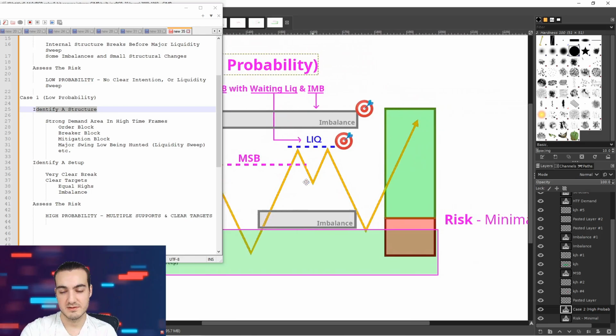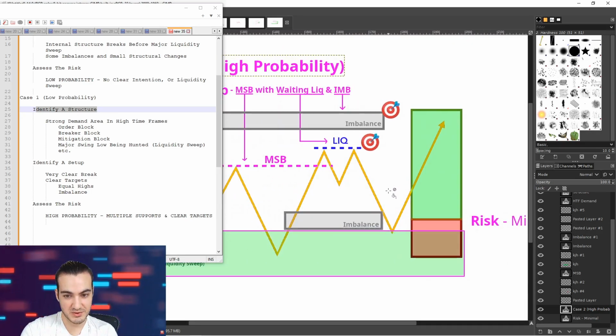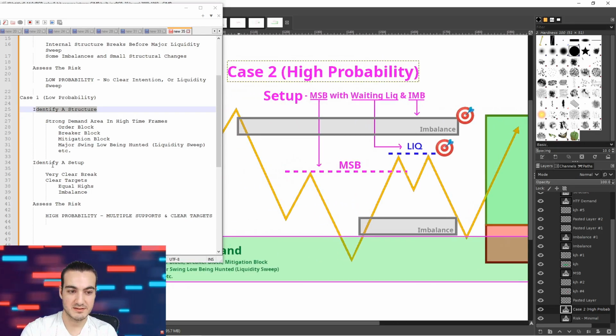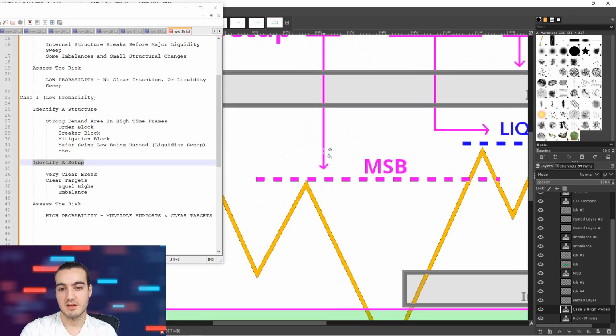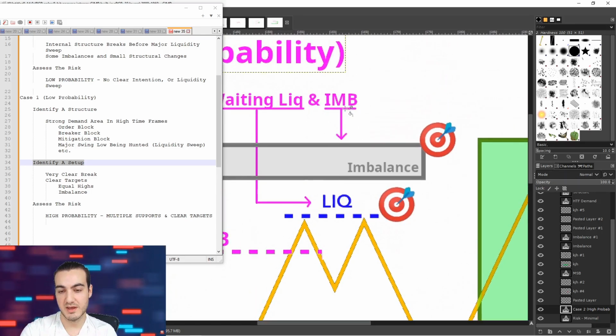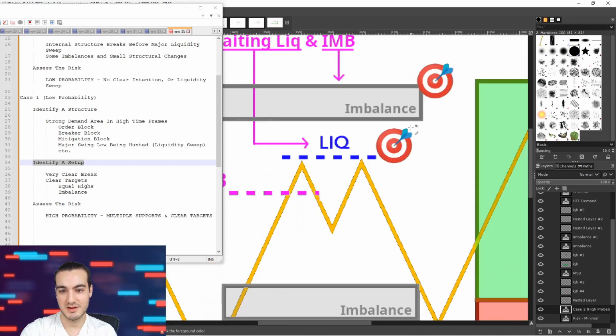That kind of discourages price from moving against us. So now we identify the setup. Step 2, the setup would be a market structure break with waiting liquidity and an imbalance as the target. That's why we use our little target icons here.